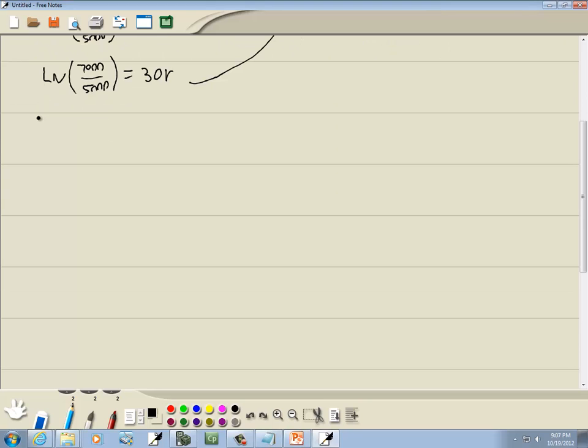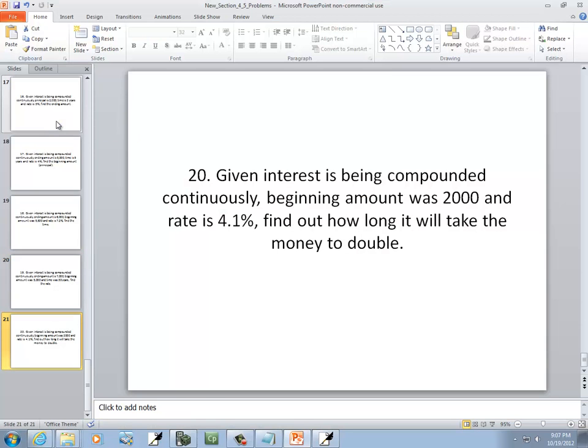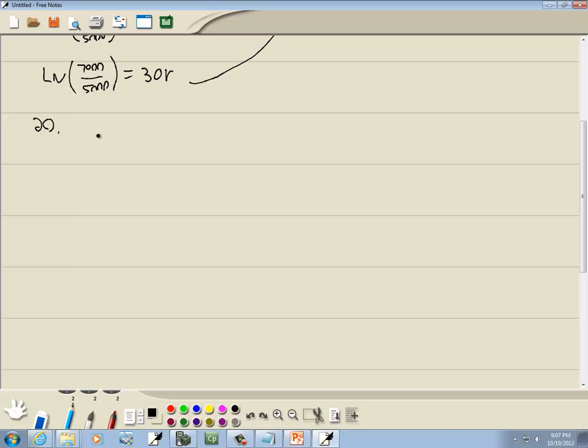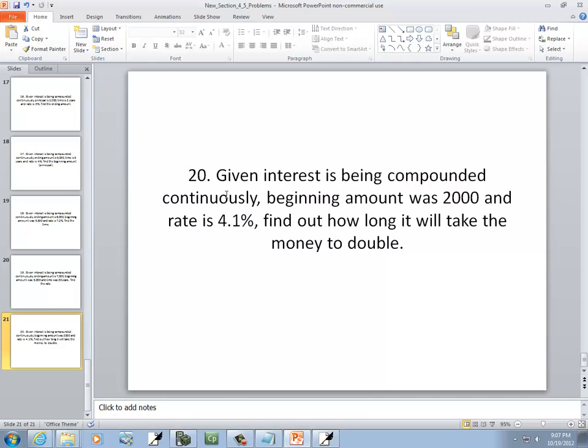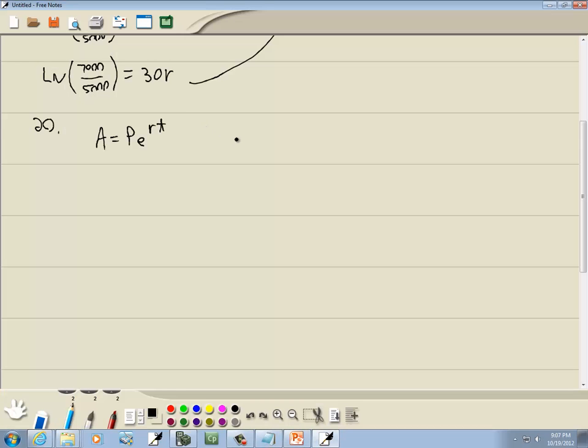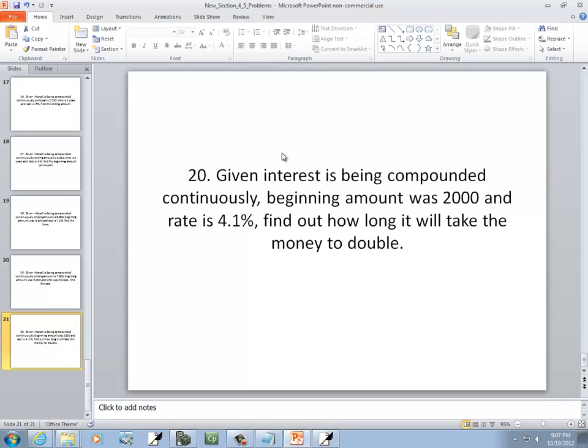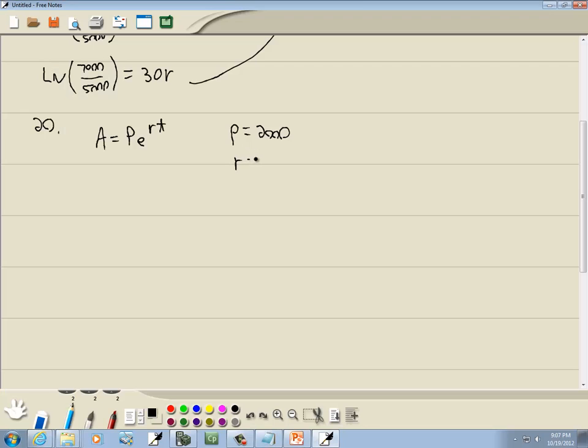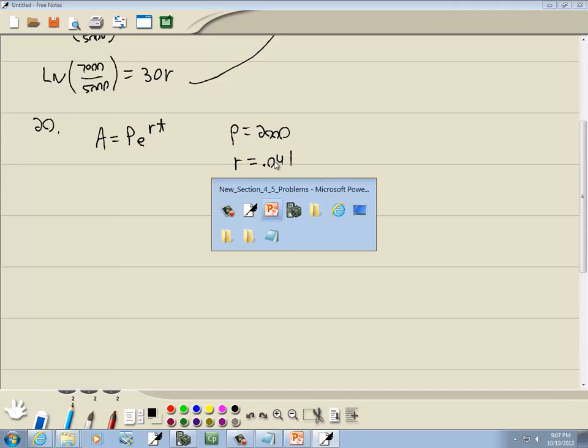Last problem. Says given interest is being compounded continuously, so guys still got that same formula. Beginning amount was 2,000, so P is 2,000, and rate is 4.1%, so R is equal to 0.041.